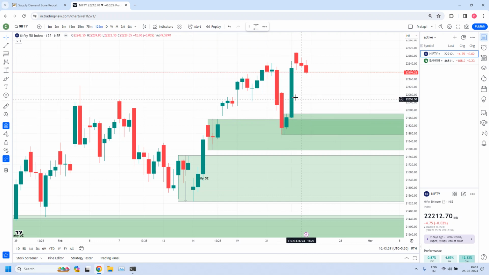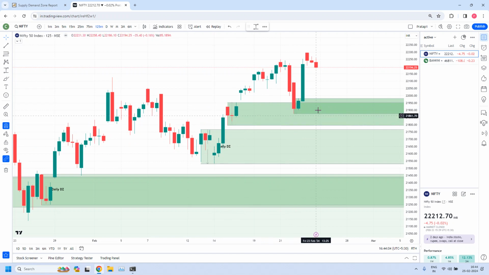So next time when price is entering here, you should give importance to this zone the way you give importance to a high liquidity zone. So even in this zone you can plan trades if your other parameters support, like trend, price direction, location. If all these are in your favor, you can plan a trade here. But whatever it is, these levels are going to act as support at the 125 minutes level.